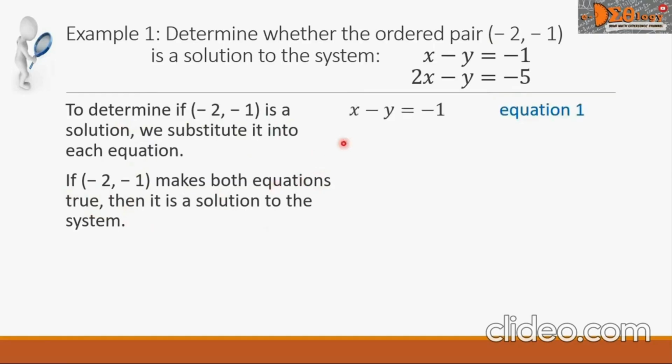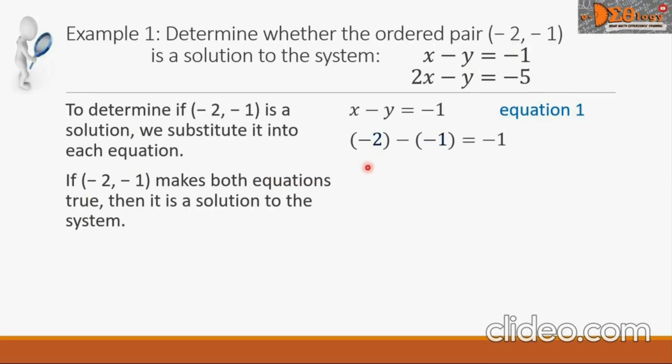Let's take the first equation, x minus y equals -1. Let us now substitute the ordered pair respectively, the -2 to the x and the -1 to the y. So we have now -2 minus -1 equals -1. Let us simplify.